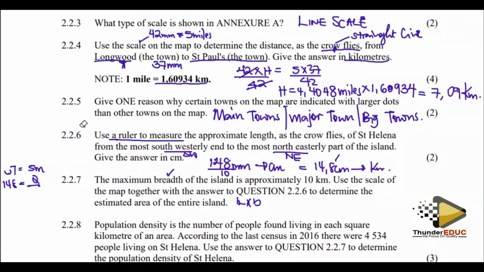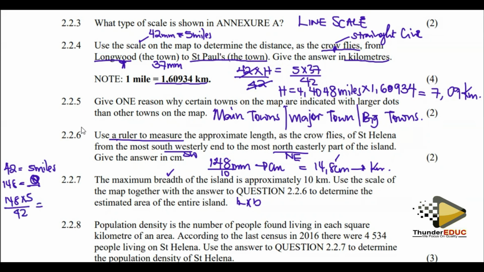So I need to change the 148 to kilometers. This is 148 times 5 divided by 42.